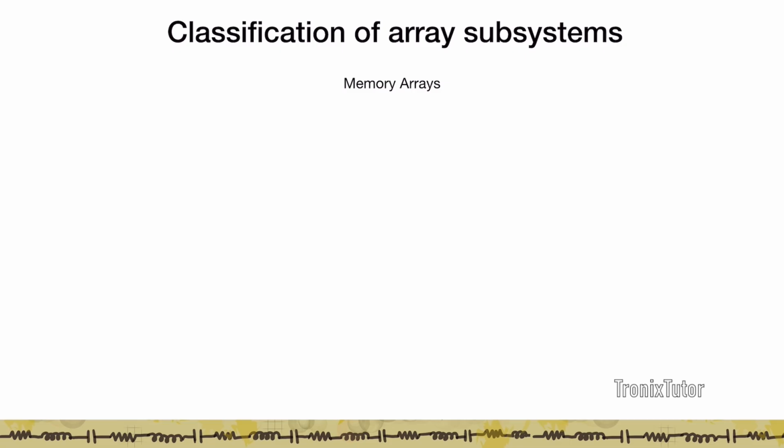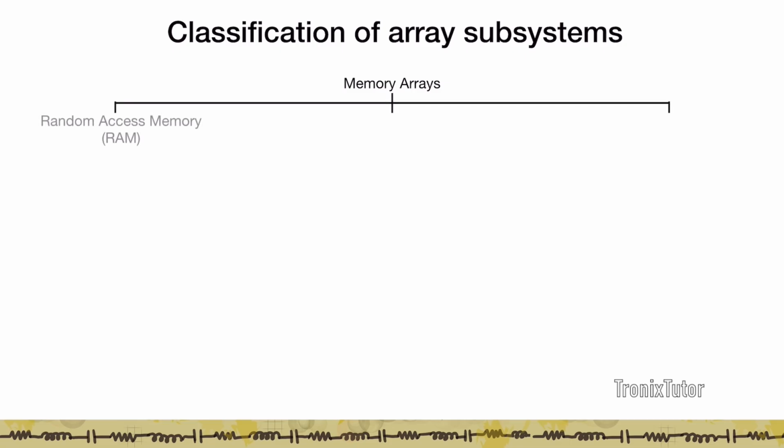So let's think about array subsystems in general. If you think about memory arrays, they can be broadly classified into three categories. The first one is the random access memory, where you can access data at any time. You give an address and you get a bit out.